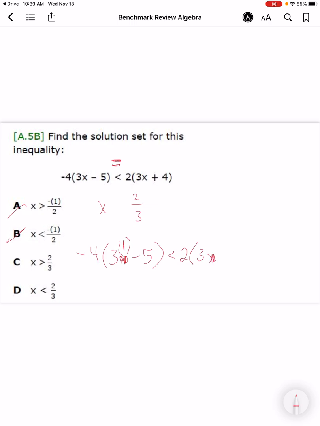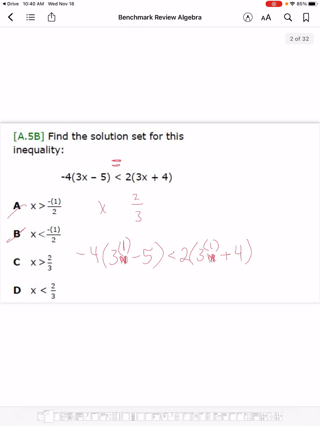And again, instead of x, I'm going to put a 1 in parentheses plus 4. And then I'm going to let the calculator do the work, and the calculator is going to tell me true or false. If it says true, then my answer is greater than 2/3 because 1 was a solution to that equation. If it says false, then my answer would be D, less than 2/3.